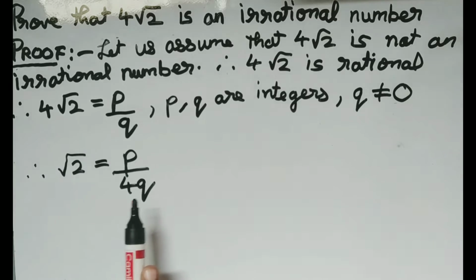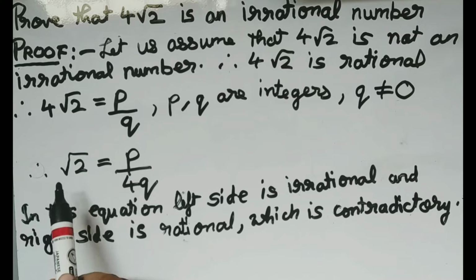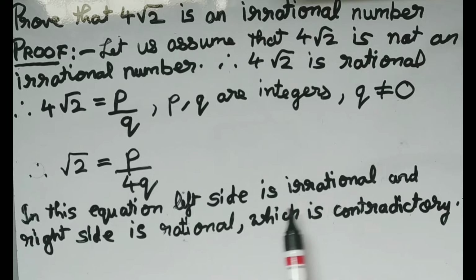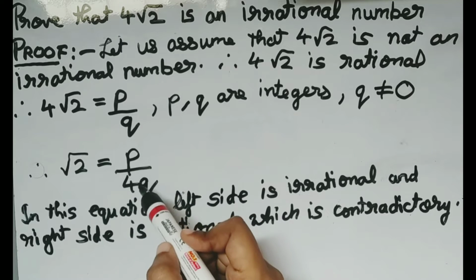No, right? In this equation, the left side is irrational, that is root 2. And what is there in the right hand side? P upon 4Q.